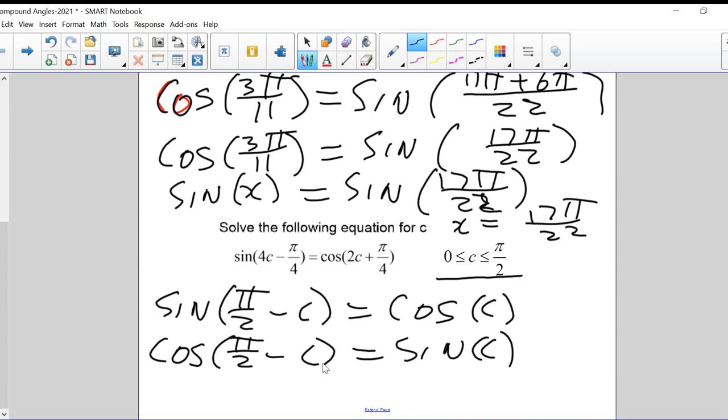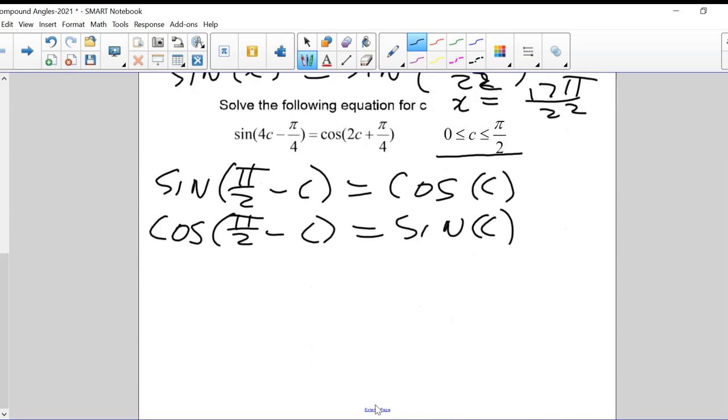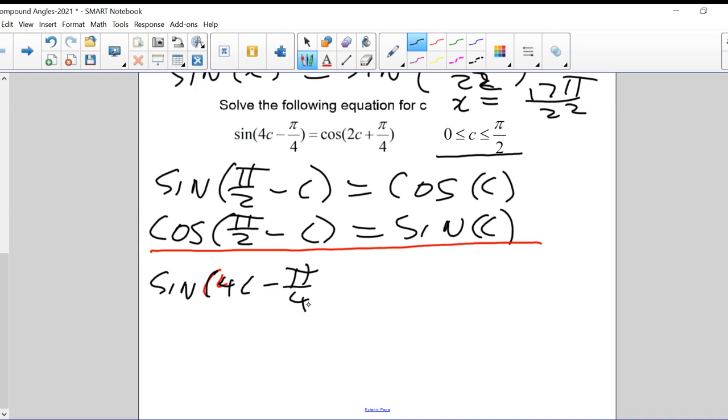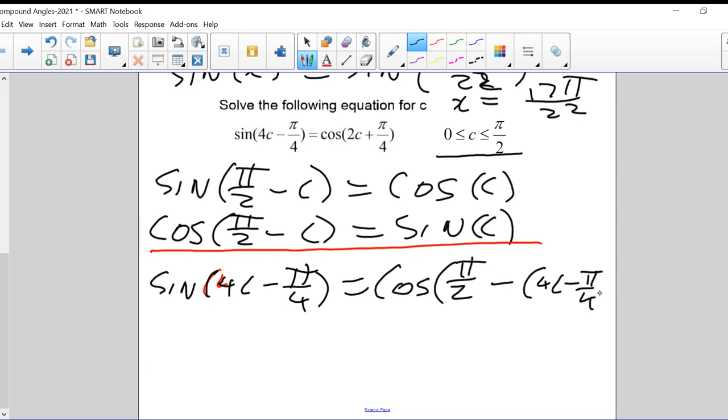Instead of the sine of 4c minus pi over 4, according to what this underlined line says, the sine of 4c minus pi over 4 is exactly equal to the cosine of pi over 2 minus the whole 4c minus pi over 4.